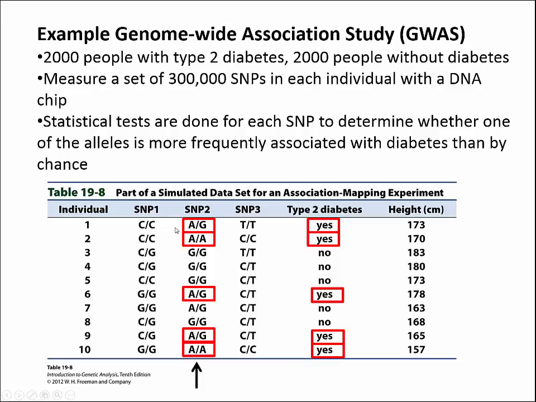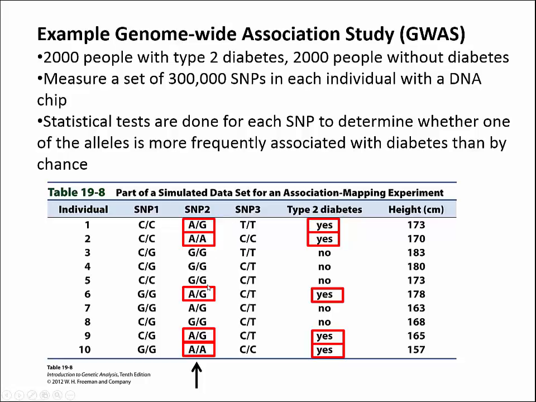So if we look here at the genotypes of the individuals who have diabetes, what you'll notice is that these individuals with diabetes all have at least one A allele in that SNP2. In contrast, of these individuals without type 2 diabetes, a bunch of them have a GG genotype.